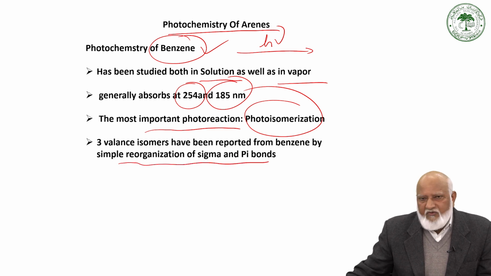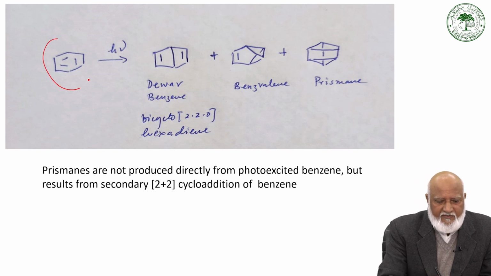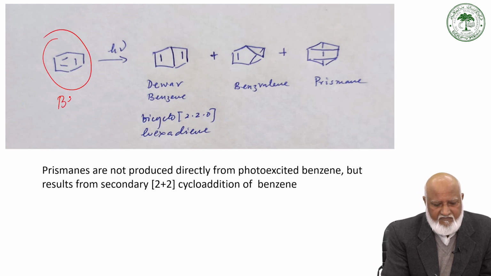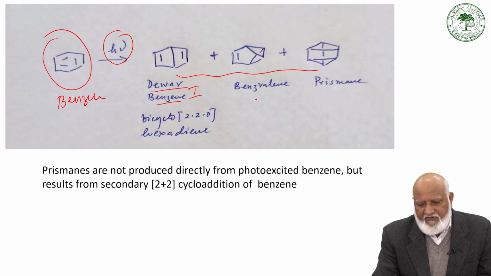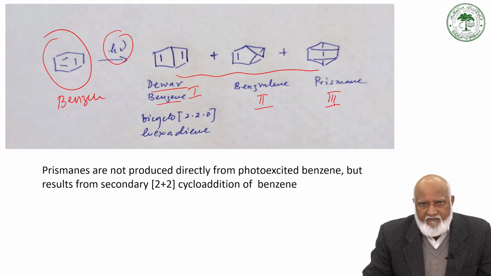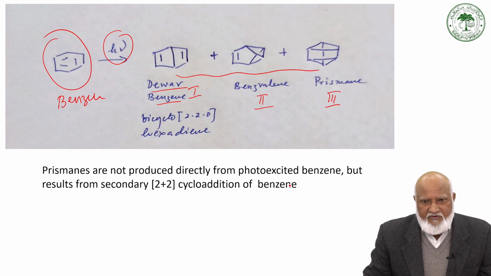and pi bonds. So this is benzene, which in the presence of light gives three different isomers. One is Dewar benzene, second one is benzvalene, and third one is prismane. And these are the three valence isomer photoproducts from the phototransformation of benzene.